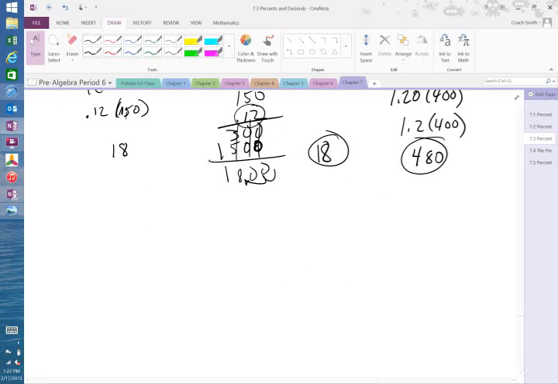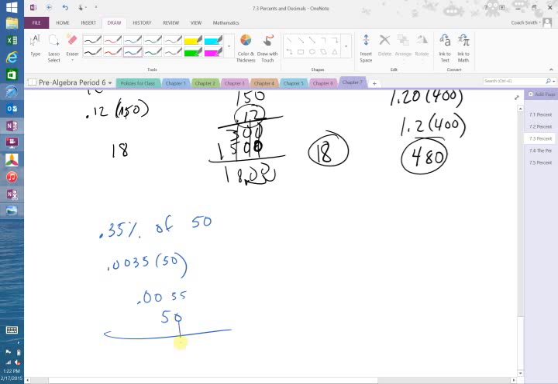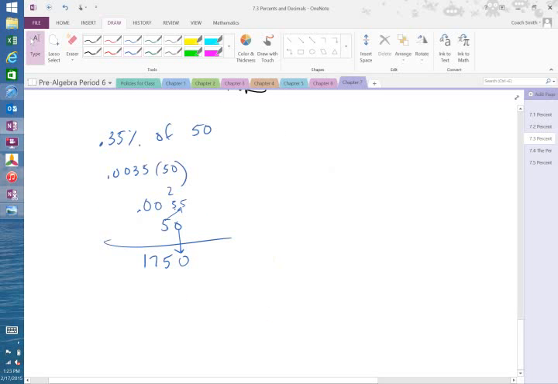If you had 0.35% of 50, so that's just 0.0035 times 50, which I can take the 50, bring down that 0. 5 times 5 is 25, carry my 2. 5 times 3 is 15, plus 2 would be 17.